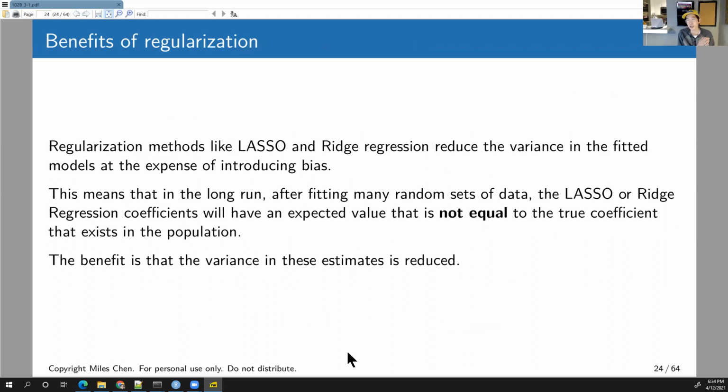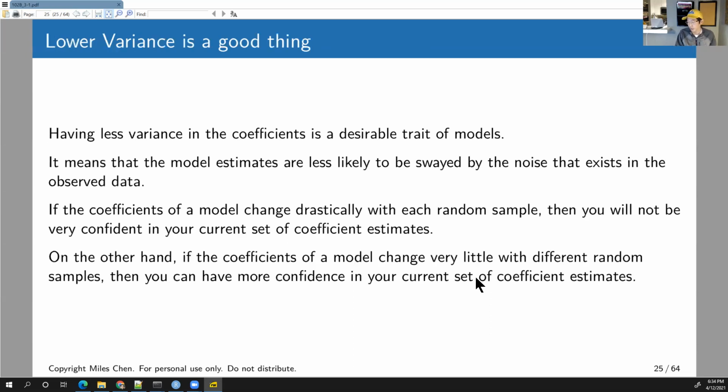We're no longer going to have estimators where the expected value is exactly equal to the true values; they're going to be a little bit off, so they're biased. But we're okay with that because the resulting variance is lower, and having less variance in the coefficients is a desirable trait of models.